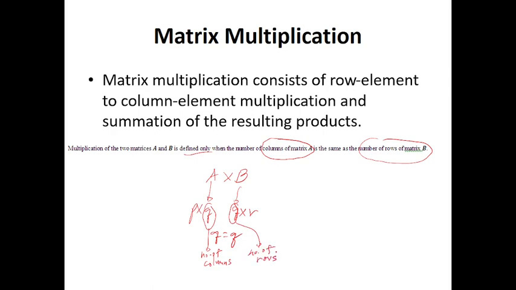And we can only perform matrix multiplication if the number of columns of matrix A, which is Q, is the same as the number of rows of matrix B. Okay? This is matrix B, this is its number of rows. And the two must be equal so that we can perform matrix multiplication. Okay?